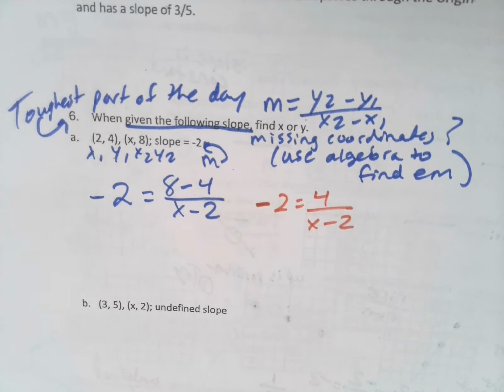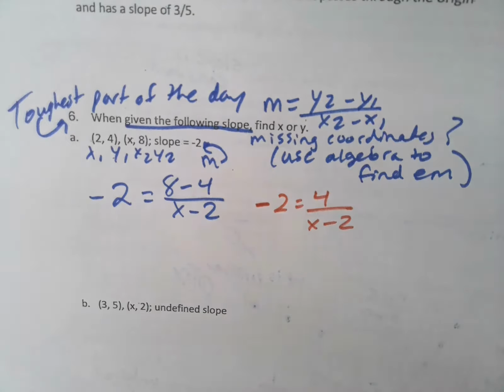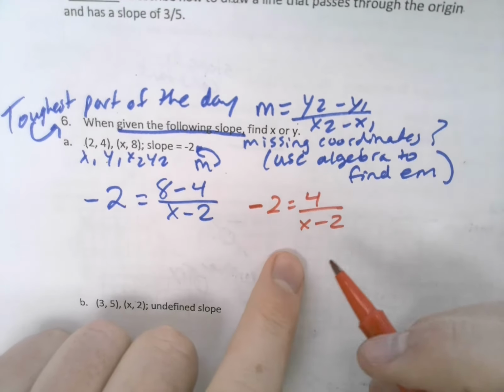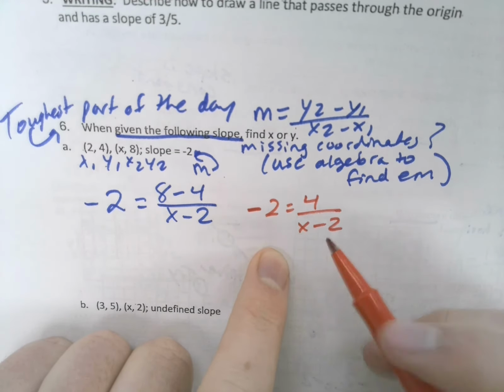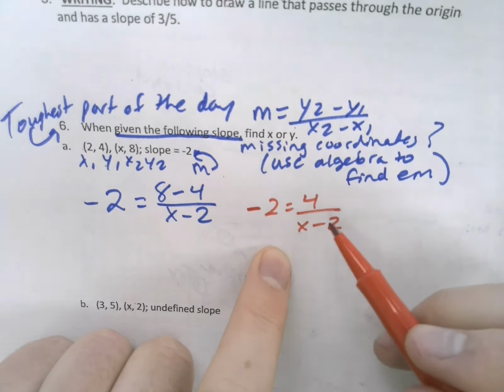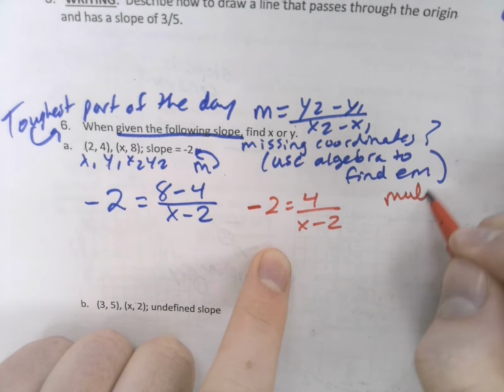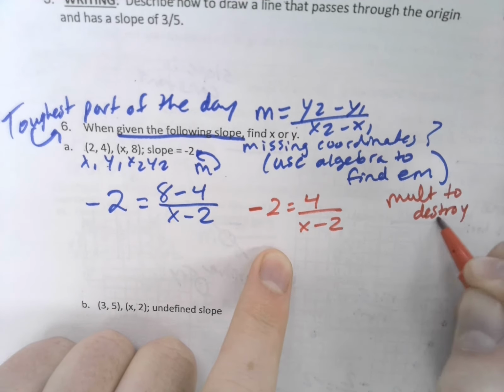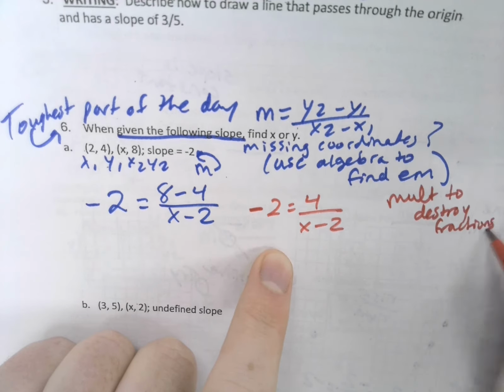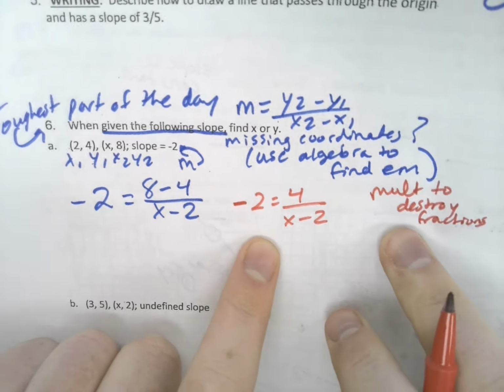And this is probably the part that's going to get some people stuck here. We're going to get a little confuzzled. So take a second, guys. Think about how we can do this. If you have a fraction, we usually like to multiply to destroy fractions. Here's a little pro tip.